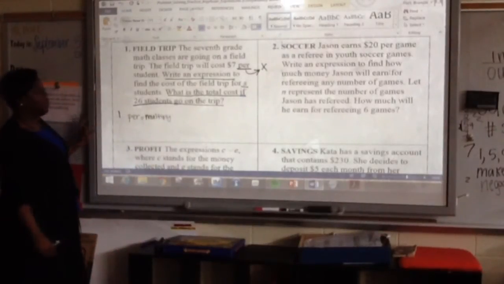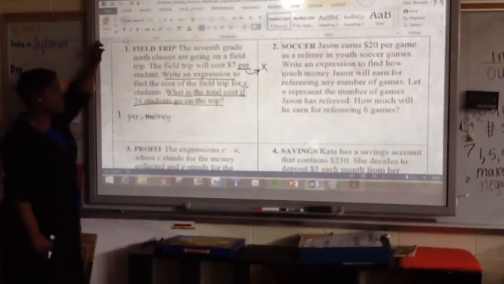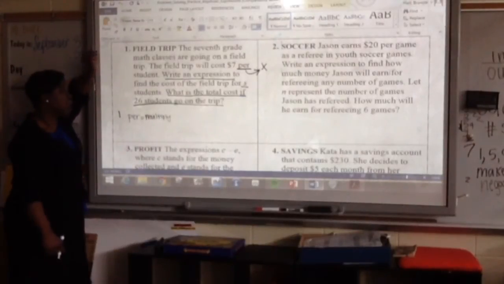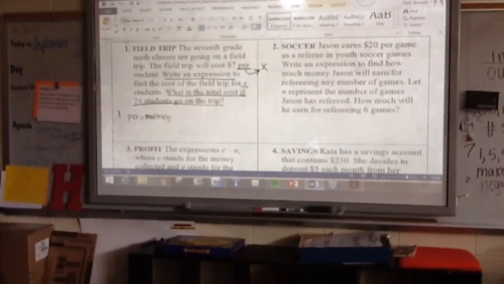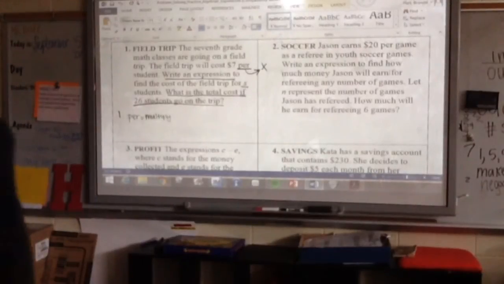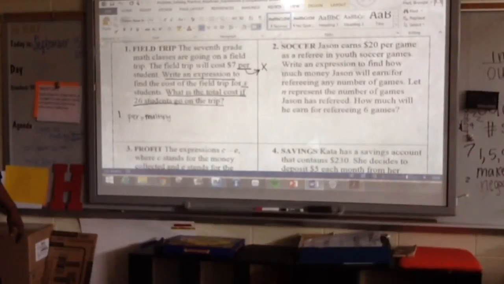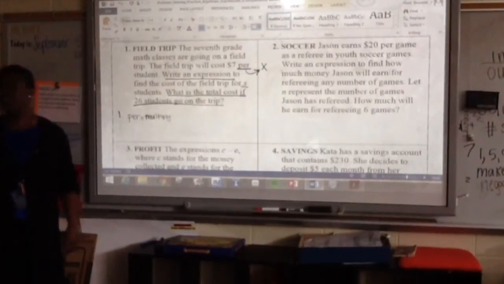All right, my next sentence says write an expression to find the cost of a field trip for S students. What is an expression? What's the difference between an expression and an equation? If I'm in your way, you can move. An expression doesn't have an equal sign. Not necessarily, I can solve an expression too.